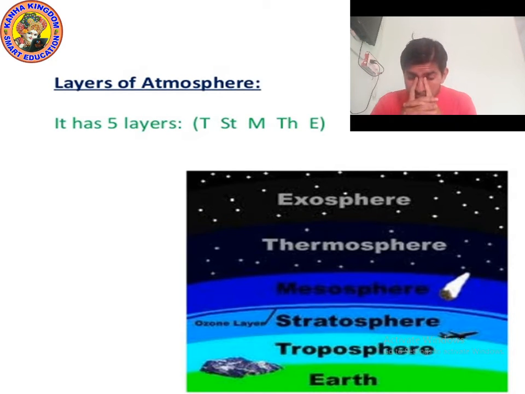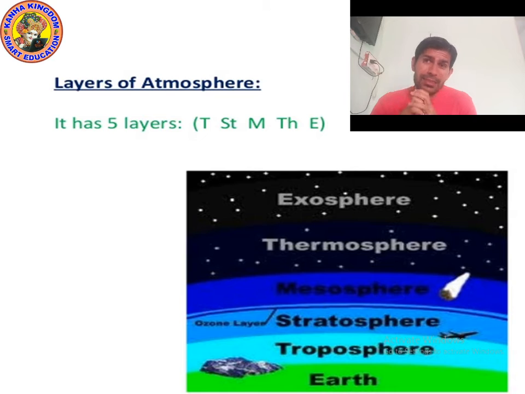Okay. So which is the nearest layer to the earth? Troposphere is the nearest layer to the earth. After troposphere, the second layer is stratosphere. Stratosphere is that layer which contains the ozone layer. Then mesosphere, then thermosphere.